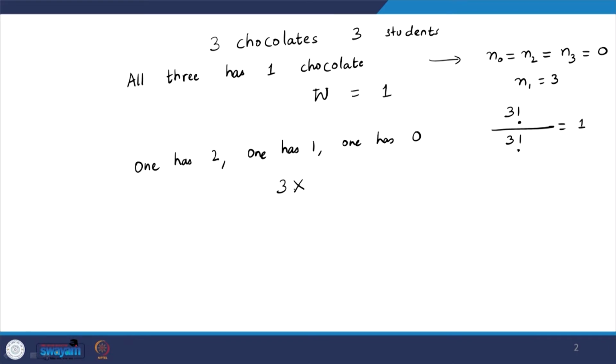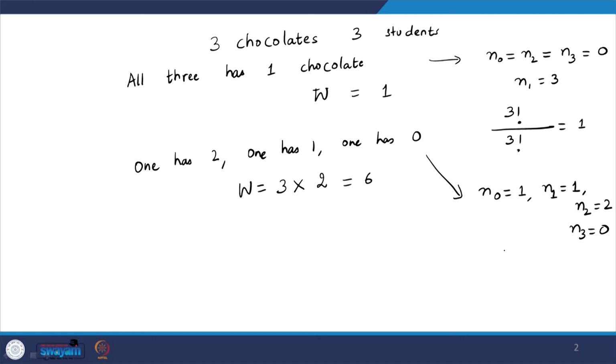So, out of this in 2 ways I can pick the one containing 1 chocolate. So, the number of ways in this case is going to be 6. We can also see it using the same formula. In that case you will have n naught is equal to 1, n1 is equal to 1, n2 is equal to 1, and n3 is equal to 0.